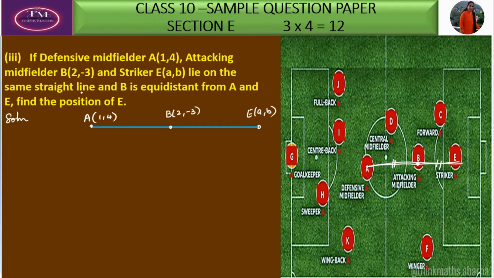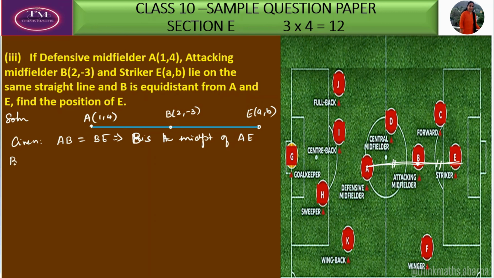So they lie on the straight line and B is equidistant from A and E. So it is given that AB is equal to BE. That means B is the midpoint of AE.